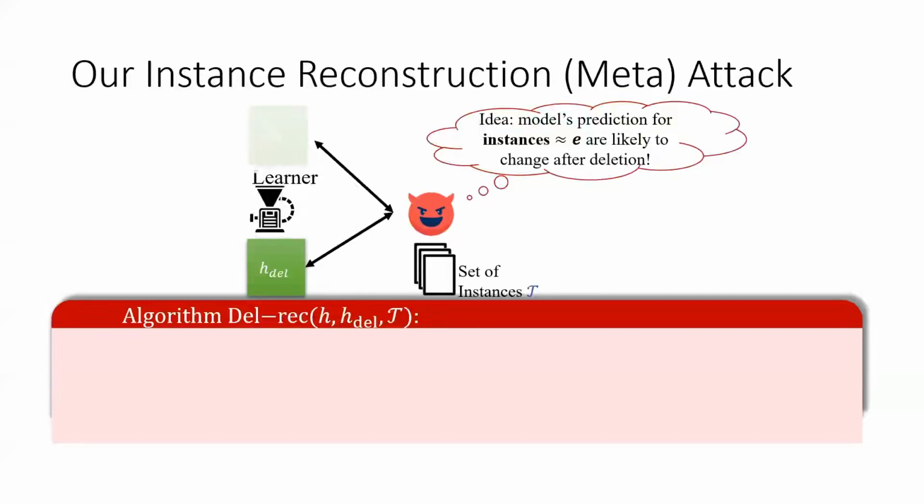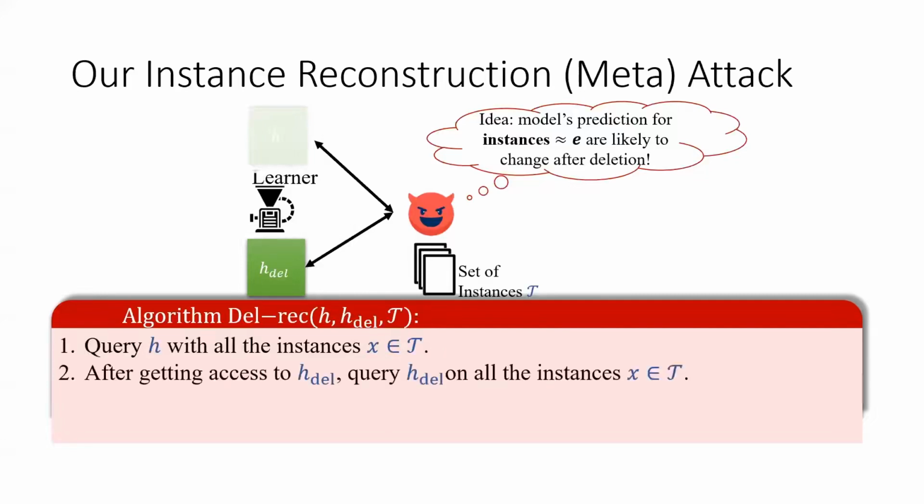Now I present a reconstruction attack that is based on the intuition that the outputs on instances around the deleted example E are likely to be different after deletion. The adversary first composes a set of instances T, which can be obtained from auxiliary instances from the data distribution, or just random sampling from the input space. The adversary first queries the model with all the instances in T. And after getting access to the deletion model, it queries all the examples on the deleted model.